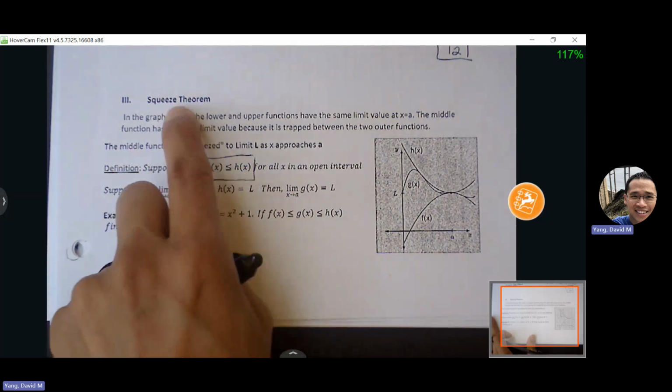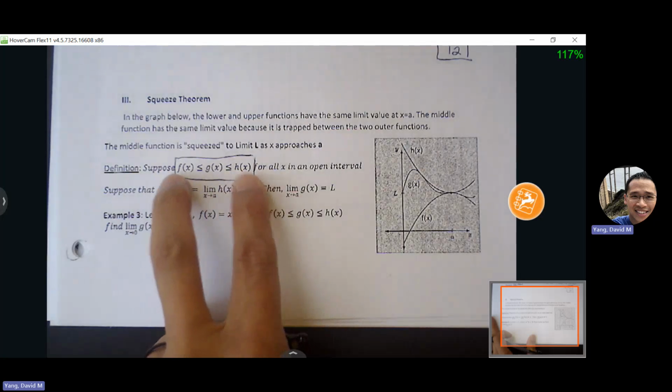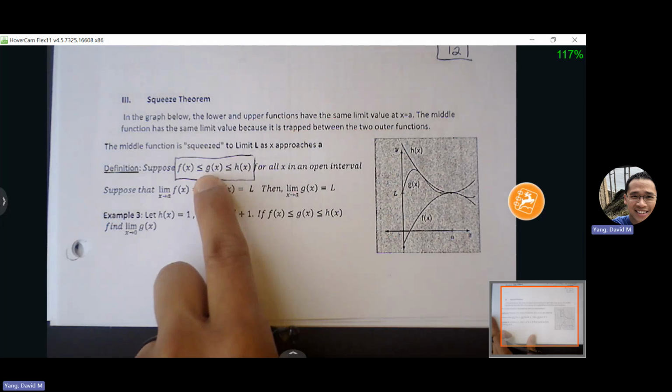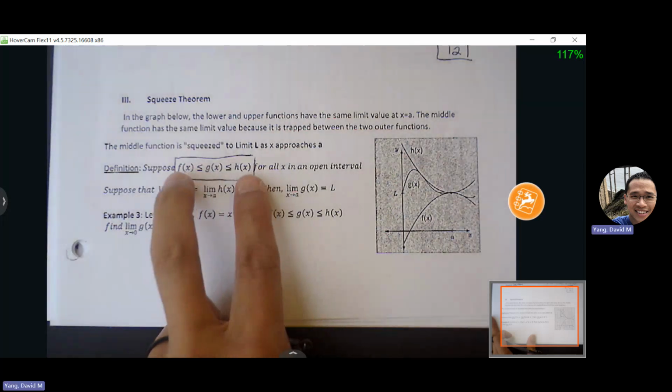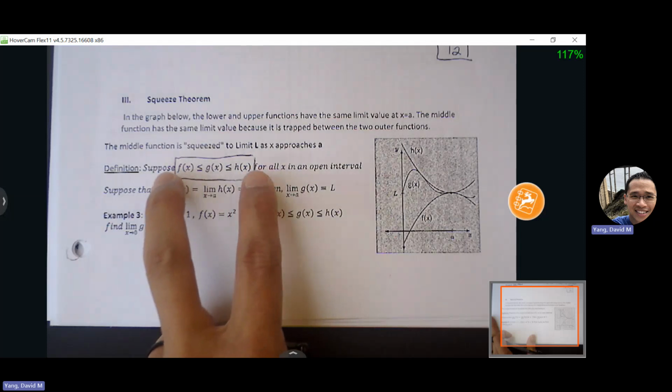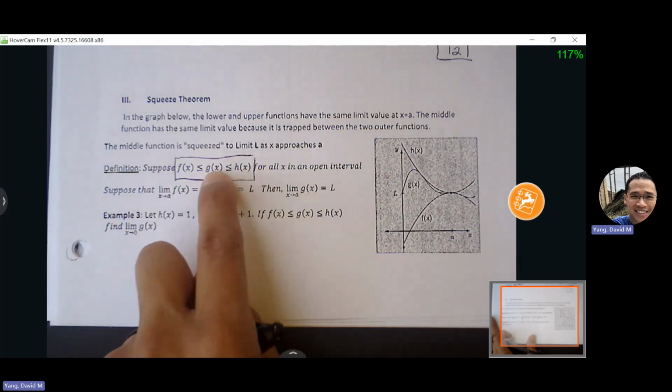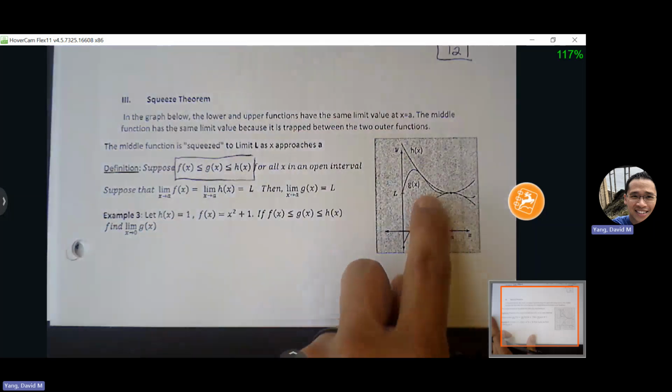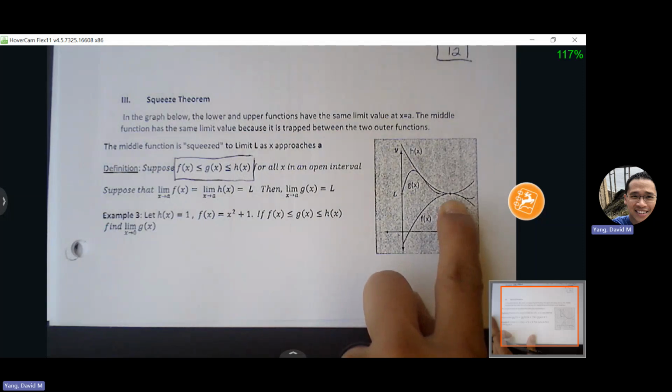And it's called the squeeze theorem because if the upper and the lower limit are the same value, then the middle one has to also share that same value. So the idea is that if my upper and lower functions share the same limit, the middle function will, in a sense, get squeezed between the two. And if it gets squeezed between the same two numbers, it also must share the same number.